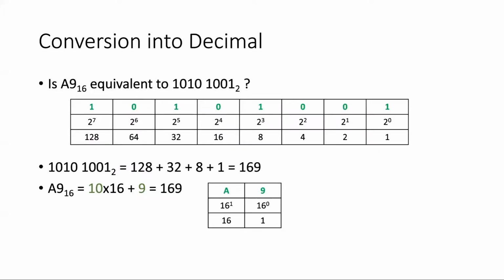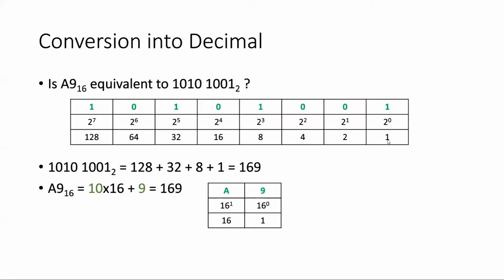So now let's see if we did our calculations correctly. Is A9 in hex really equivalent to 10101001 in binary? We need to sum up all the base 2 numbers that correspond to this binary representation to see what we get. I have written it in this table. So we start adding.